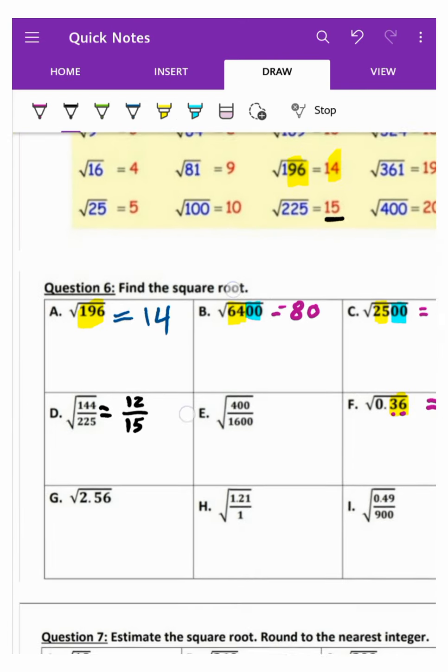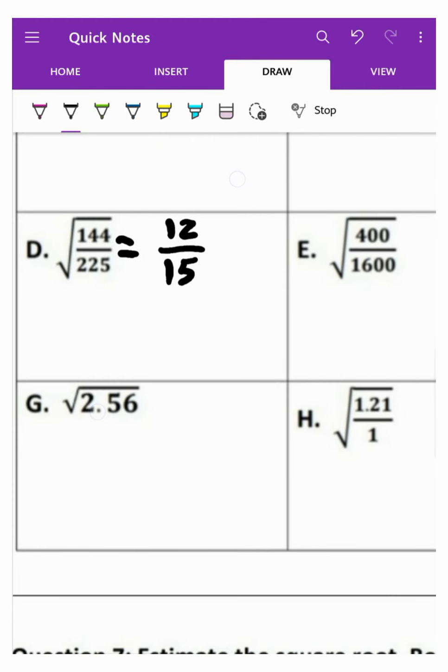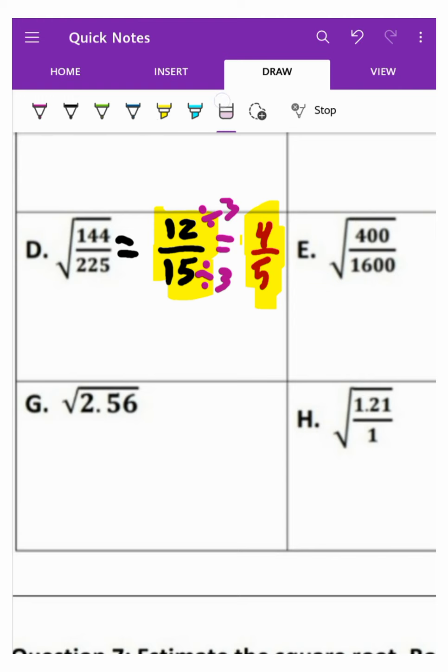If you have multiple choice answers, you will not find this; you will find it in the simplest form. How do you find it in the simplest form? As you see, 12 and 15 have a common factor, which is 3. 12 divided by 3 gives 4, and 15 divided by 3 gives 5. So you will find this answer. My dear students, be careful.